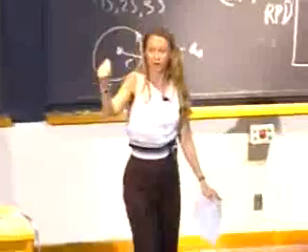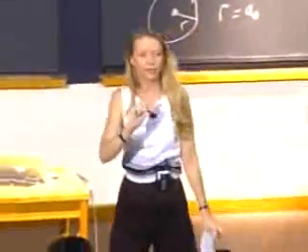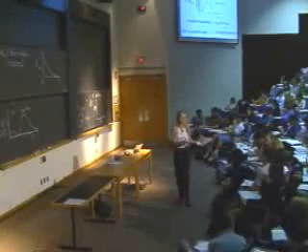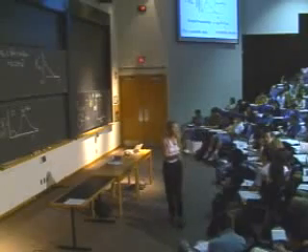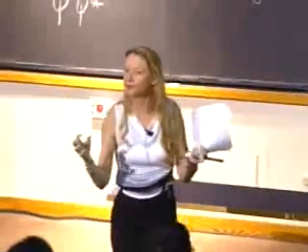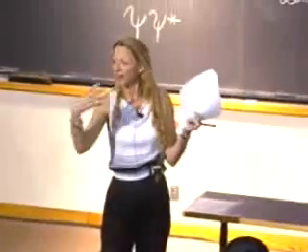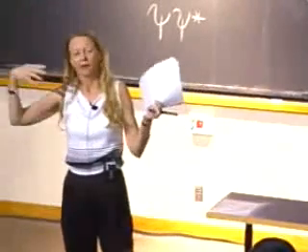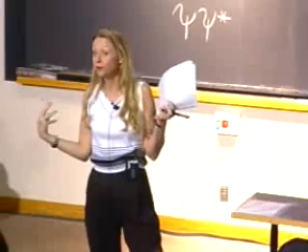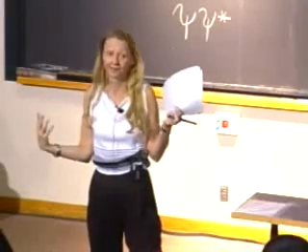So if you have a hydrogen atom in the first excited state, that hydrogen atom is bigger, in the sense that the probability of finding the electron at a larger distance from the nucleus is larger. And that, in general, is the case.